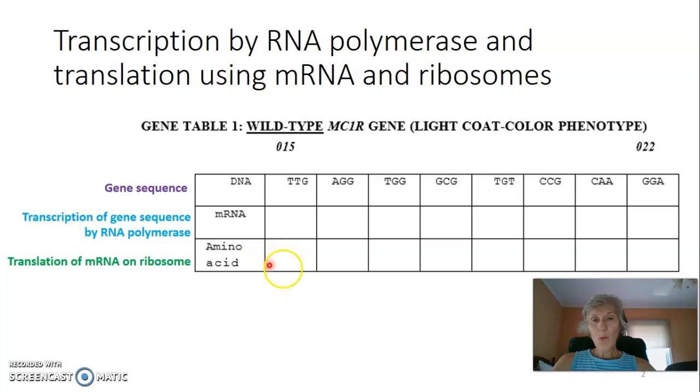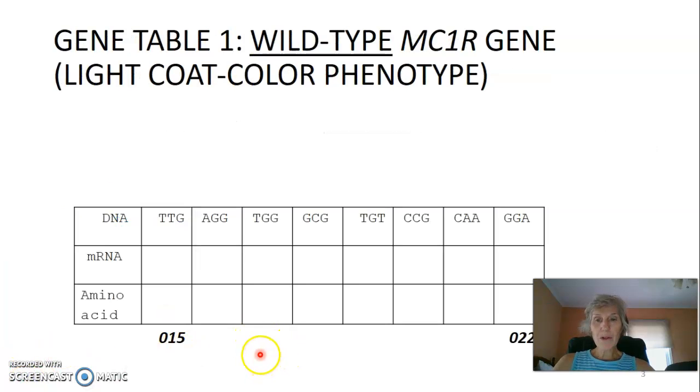And once you have that messenger RNA codon, now the ribosome, when it's running along the messenger RNA and reading it, it can translate that, because there's going to be a tRNA, which is going to be complementary to that mRNA, and on the other end of that transfer RNA is going to carry the appropriate amino acid. So that's kind of what you're doing.